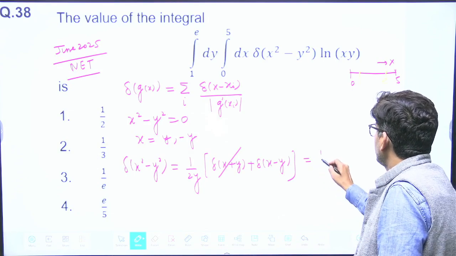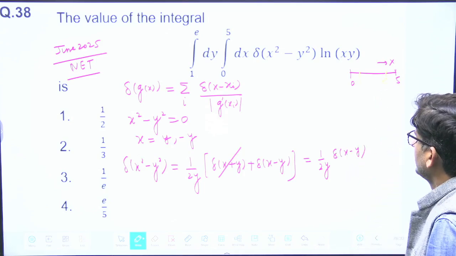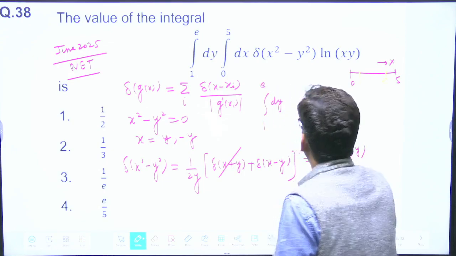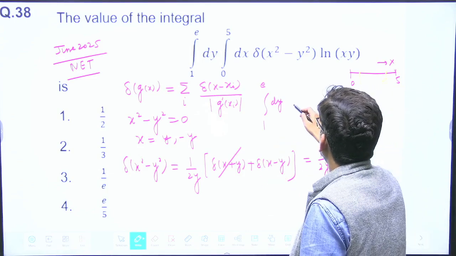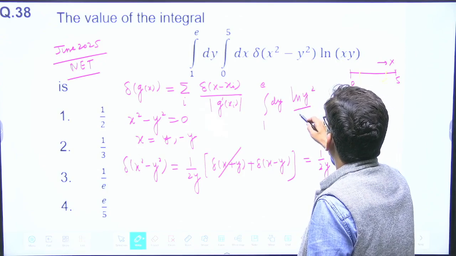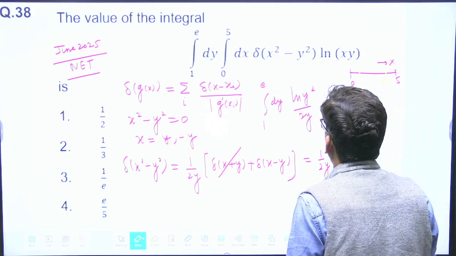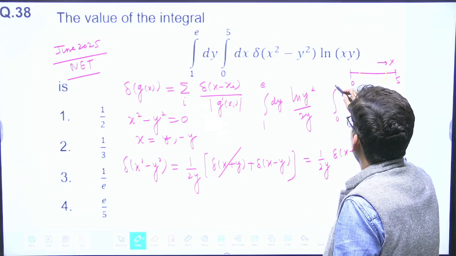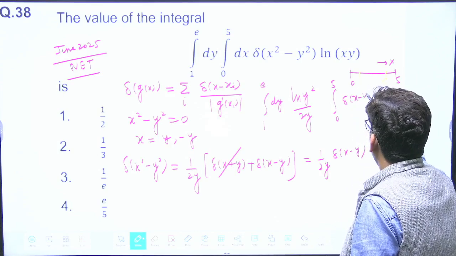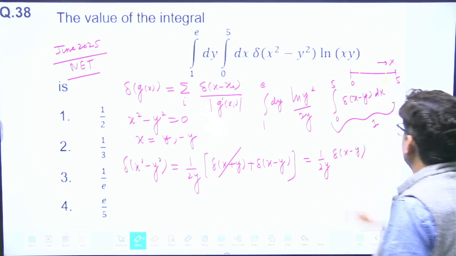So this will be just 1 by 2y delta(x minus y). So put this, it will become integral 1 to e dy, and 2y will come outside, and log x is equal to y means y square by 2y will be like this, and integral 0 to 5 delta(x minus y) dx, this part will become 1.